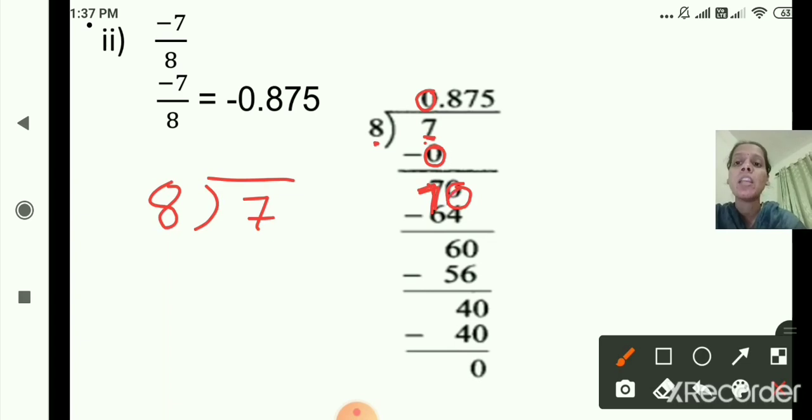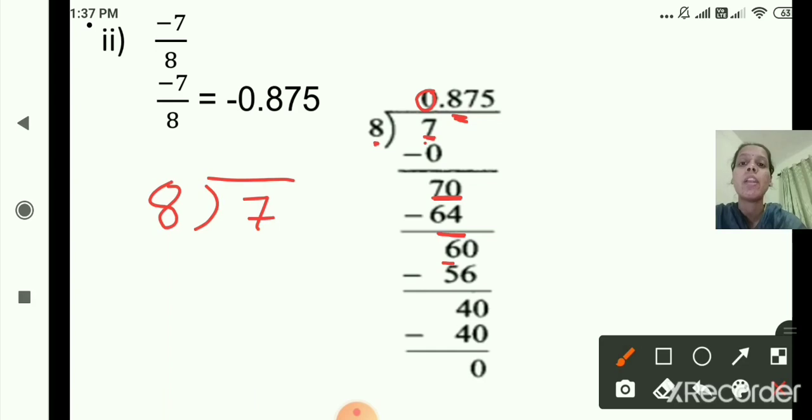So we will put here a decimal point and we'll add 10. So it becomes now 70, right? Now we can divide this 70 by 8. 8 8s are 64. As you can see here, after the decimal point I have written 8. 70 minus 64 is, yes, 6.